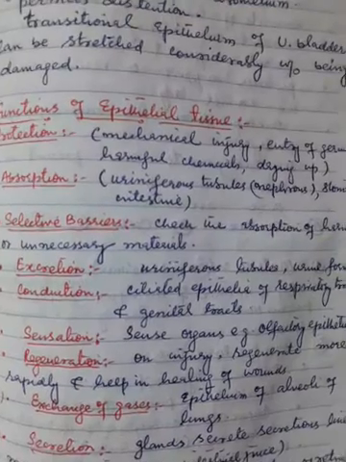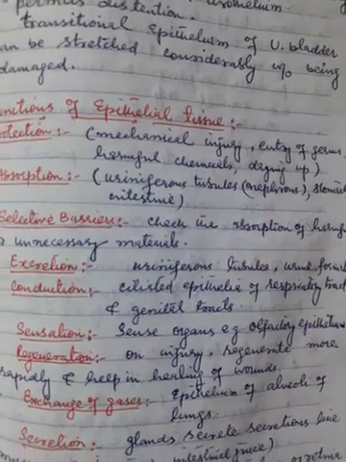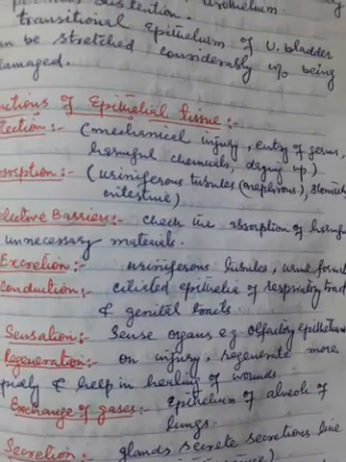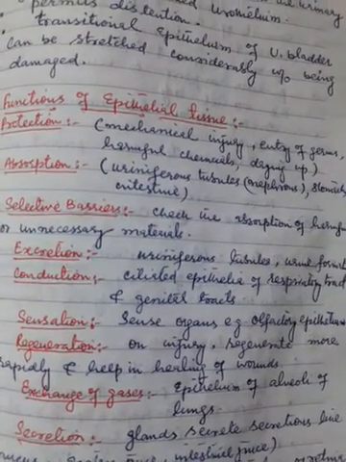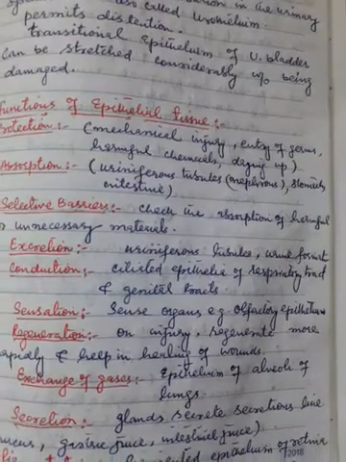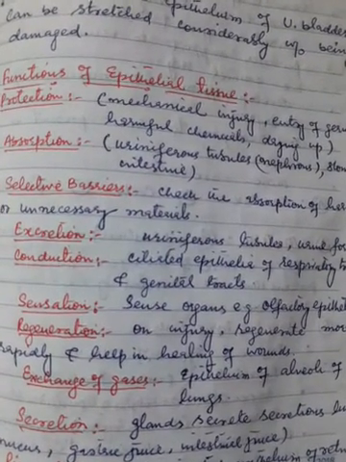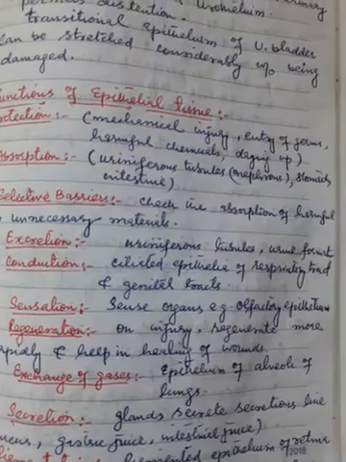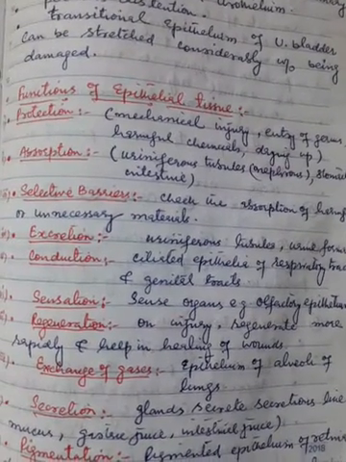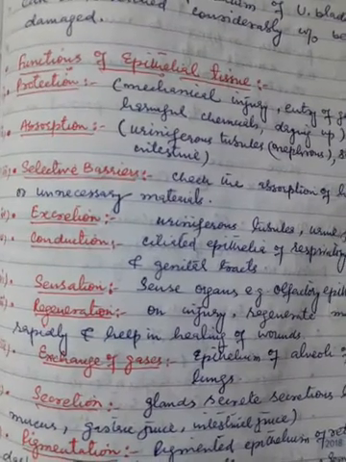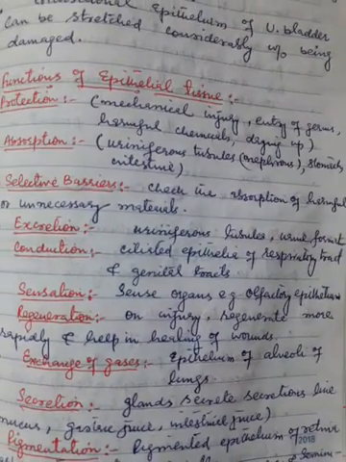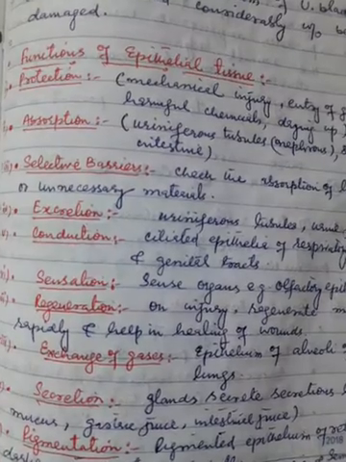Now the conduction, ciliated epithelium of respiratory tract and genital tracts. Sensation, sense organs, for example, olfactory epithelium. Regeneration, on injury, regenerate more rapidly and help in healing of wounds. Exchange of gases, epithelium of alveoli of lungs.